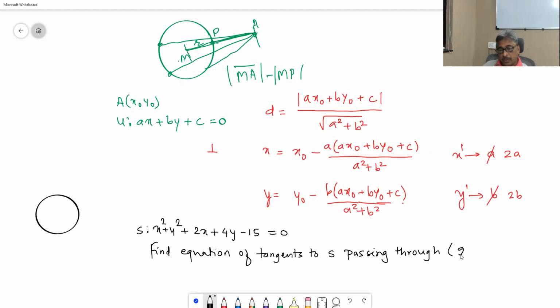Hopefully (9, -2) should be away from the circle. Okay, anyway, how will you go about it?